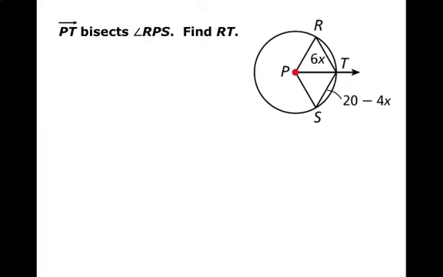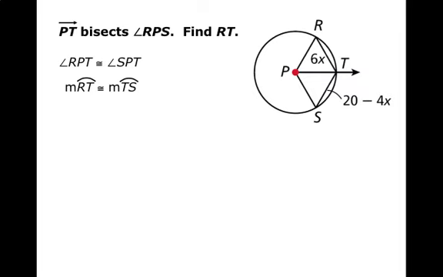Let's bring in some other vocabulary. We have ray PT, and it bisects angle RPS. We need to find the length of RT. Well, since ray PT bisects the angle, we know we have congruent angles. And if we have congruent central angles, we know that we have congruent arcs.